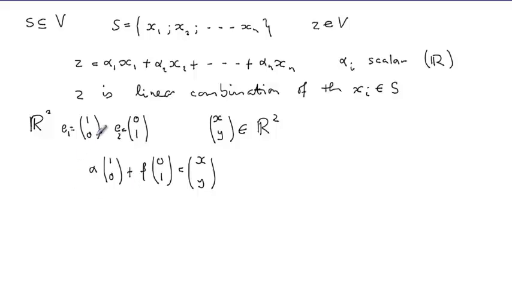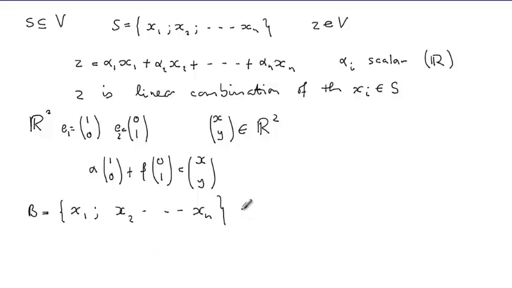And then such a set in a vector space. Let's say we've got a set B equal to x1, x2, up to xn.